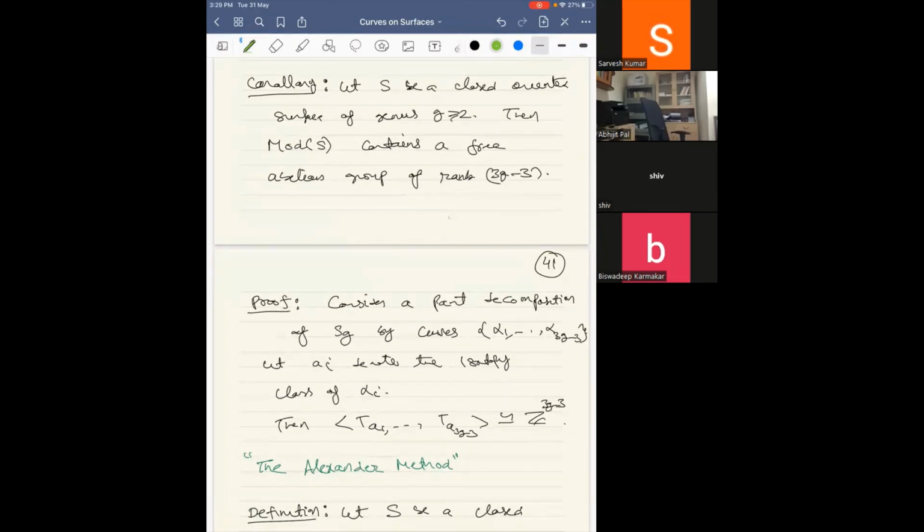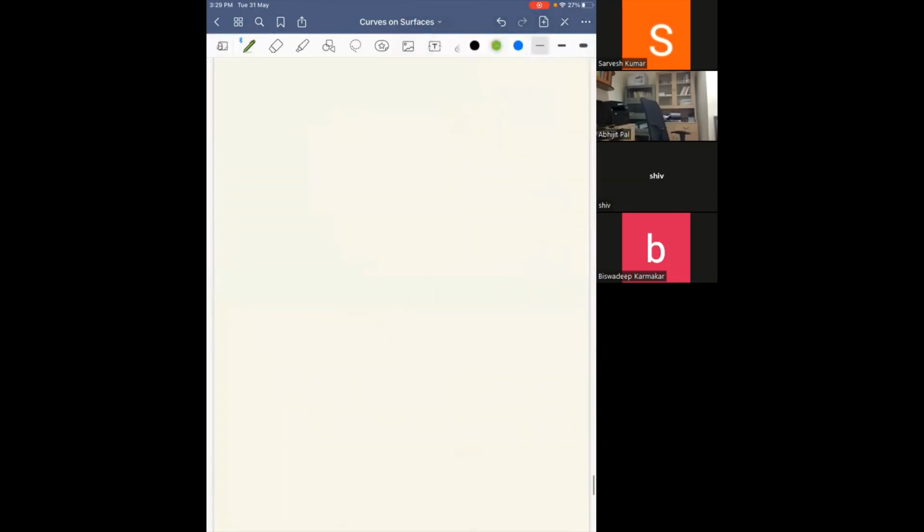Maybe let me draw a picture. For example, look at a surface of genus 2, let's say S_2. Here you can get these curves, gamma 1, gamma 2, gamma 3. Let A_i represent the isotopy class of gamma_i.